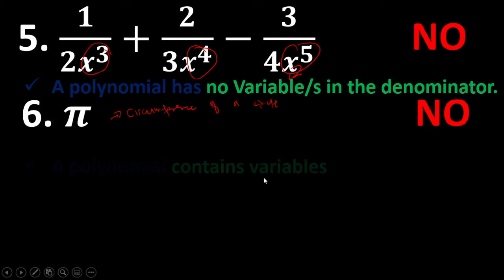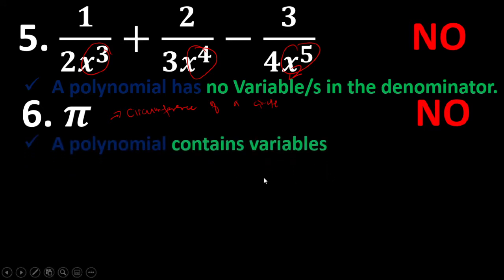Pi is not a polynomial because every polynomial contains variables. And pi, if you convert the value of pi, has no variables. Therefore, pi is not a polynomial. Now, what are variables? Variables are unknowns in a given polynomial equation or polynomial expression or mathematical expression.